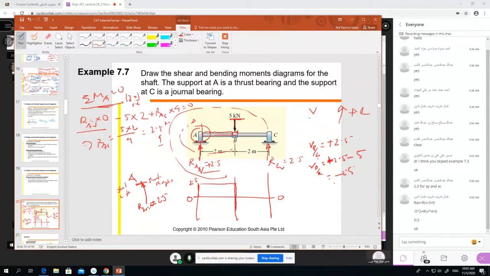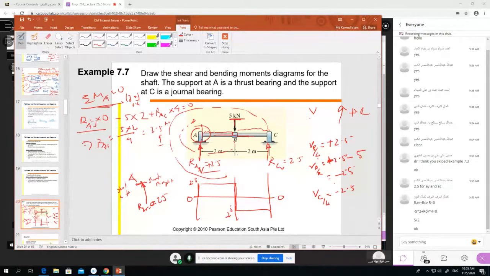So we are going with minus 2.5. Again, imagine you are walking because nothing is there. You keep walking with minus 2.5.